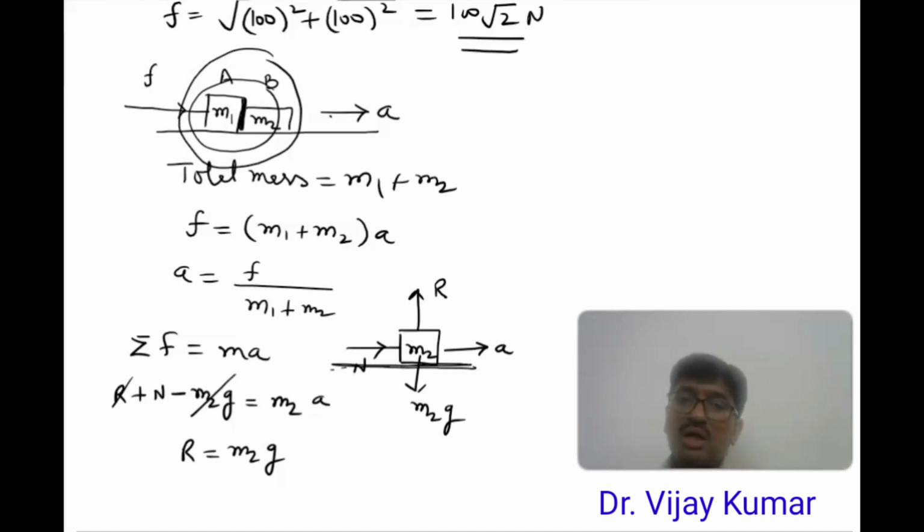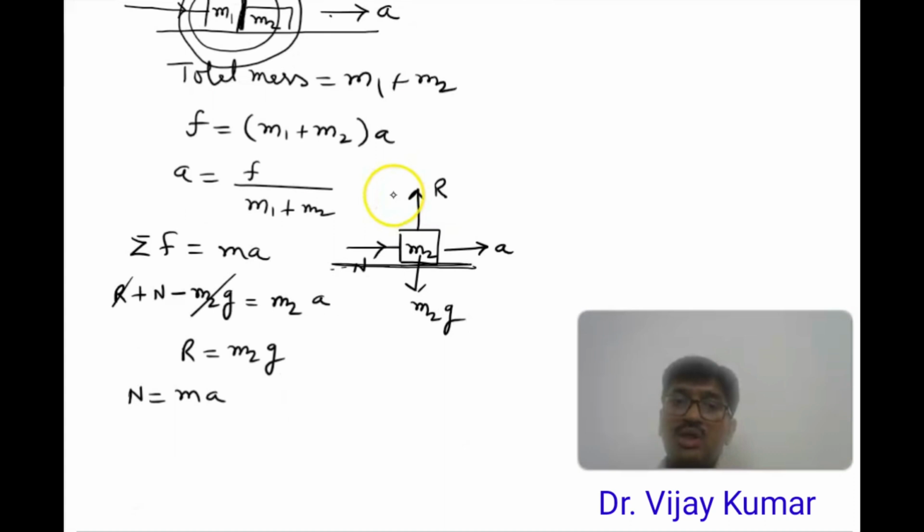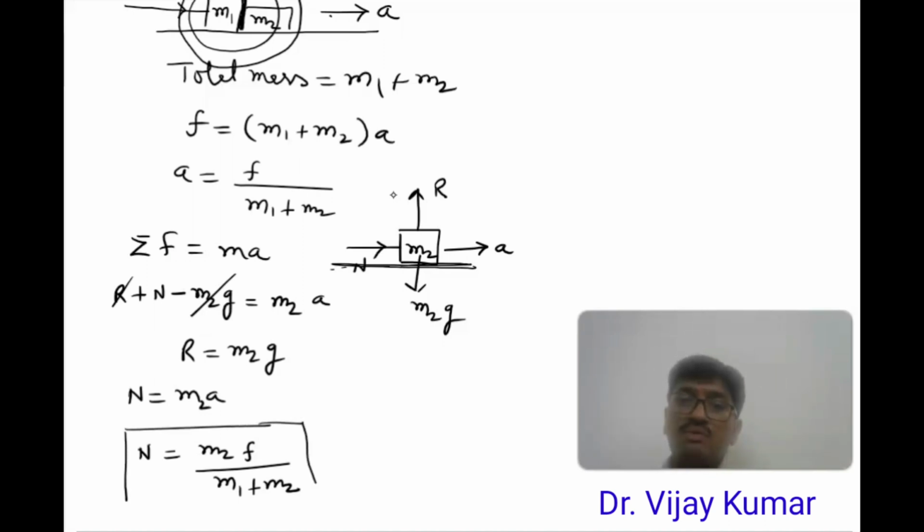So R and m2g cancel out, so N becomes equal to m2a, and we know that a is F upon m1 plus m2. So N equals m2 into F upon m1 plus m2. This is the contact force which is working from m1 to m2, or body A to B.